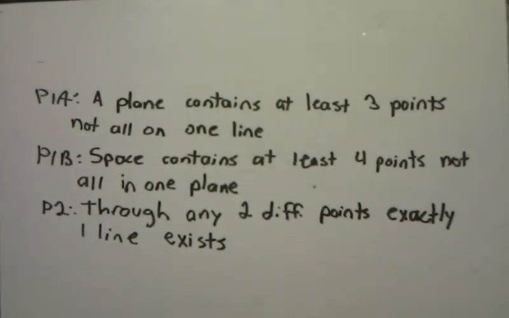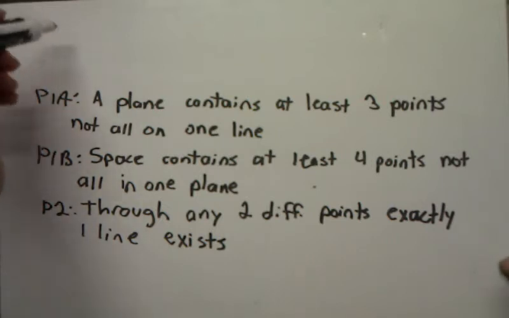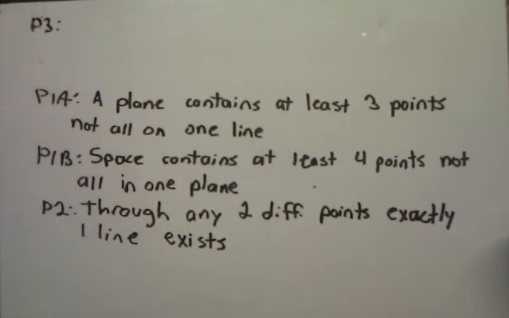Okay, postulate 3 says through any 3 points that are not on one line, exactly one plane exists.